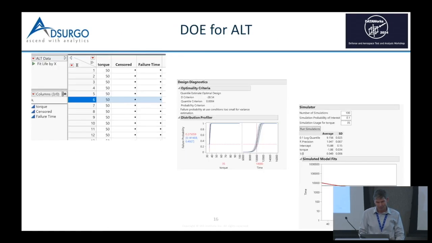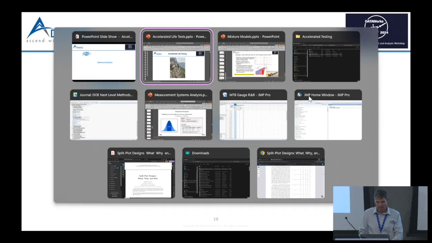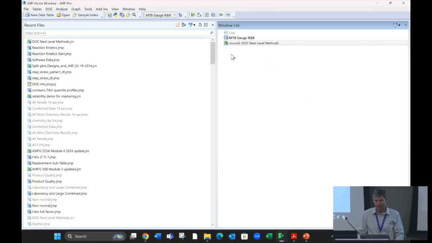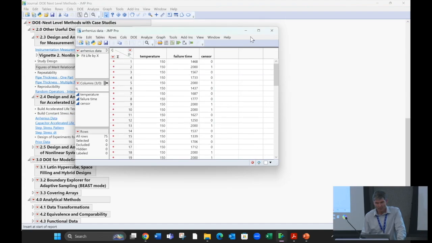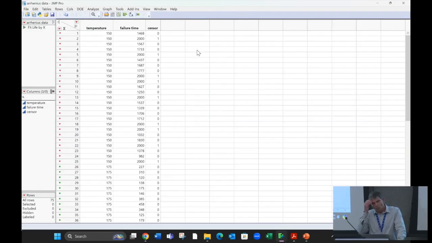Let's first look at how this works if I've got accelerated life test data, how it all falls out. Then we'll go back and ask how I create a design that's going to help me do that. So let's open up Arrhenius data. Say our use case is 100 degrees, but we tested at 150, and then we got a series at 175 and a series at 200.